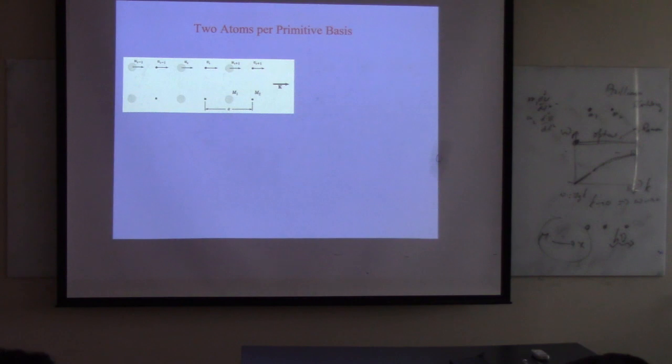For the m1 particle, I will write the displacement as u_s plus 1, u_s minus 1, like that. The m2 particle is moving by, say, v_s. This one is moving by v_s plus 1, this is moving by v_s minus 1.